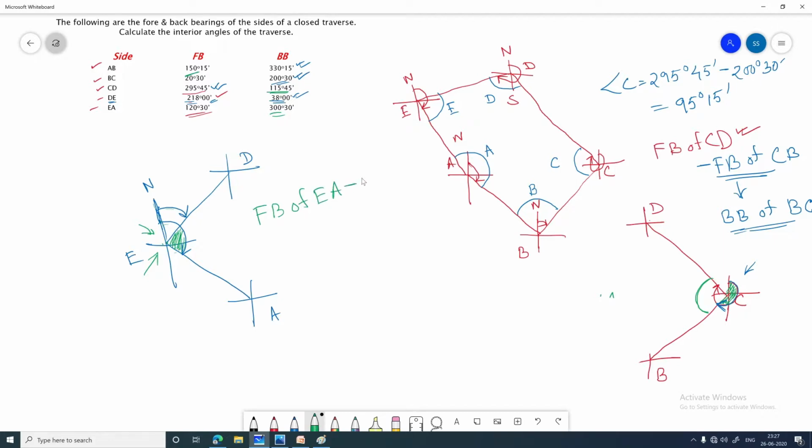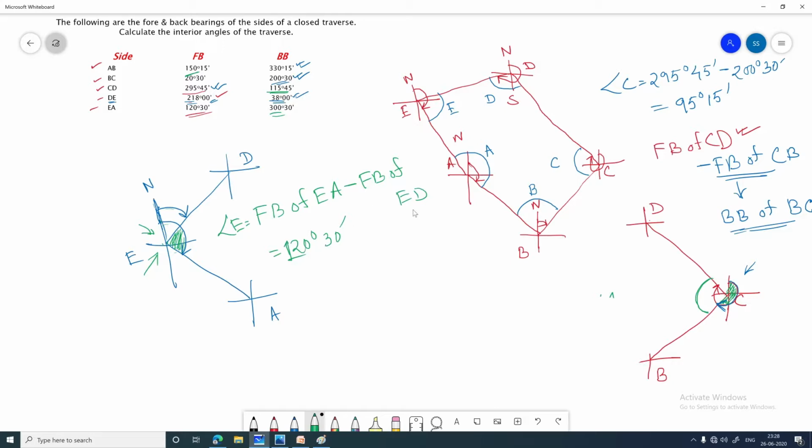This is actually angle E, the interior angle. Forebearing of EA is given, that is 120 degree 30 minutes.